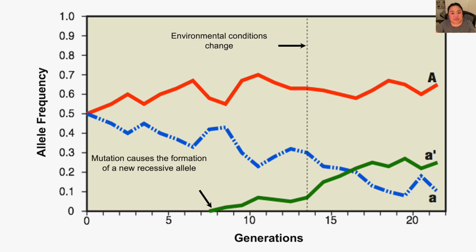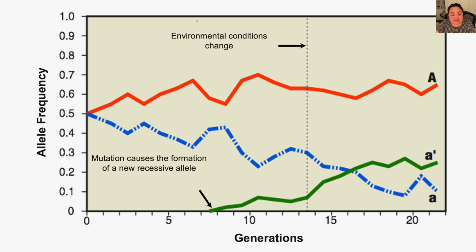In the graph above, we can see the frequency of 3 alleles over time. Originally, there were only 2 alleles, big A and little a. In the beginning, the environment favored the big A allele, and we see a steady rise in its allele frequency over many generations. The little a allele was probably harmful, so over time we see its decline in allele frequency.